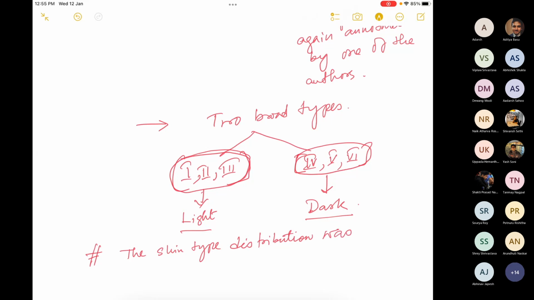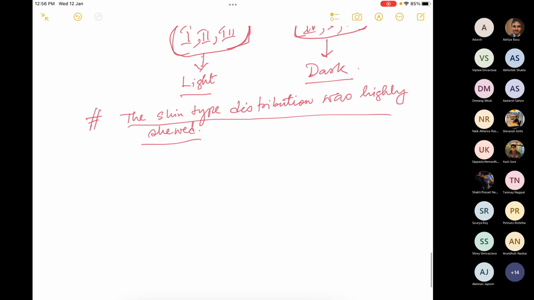It was in fact highly skewed. Therefore, all the studies that they would be planning to do would become futile, because if the basic skin type distribution is not even in the dataset, then all the results that you present later are going to be biased anyway. So that's why they introduced a third benchmark.